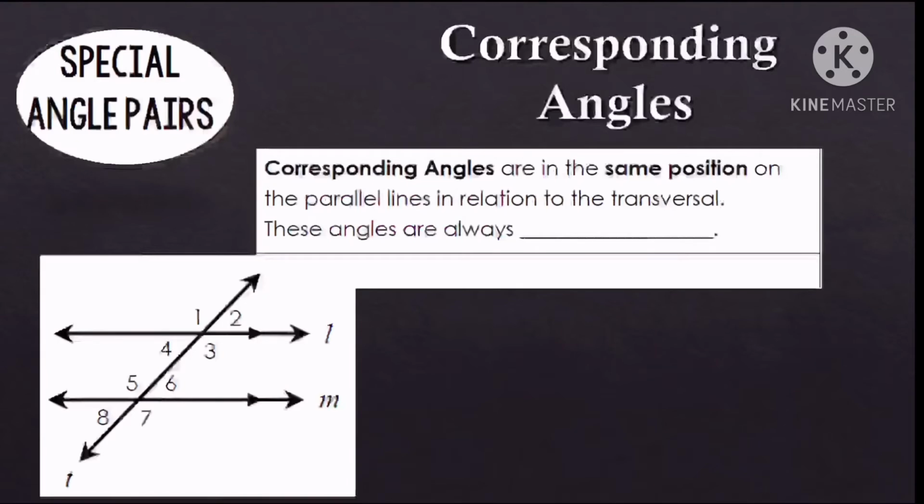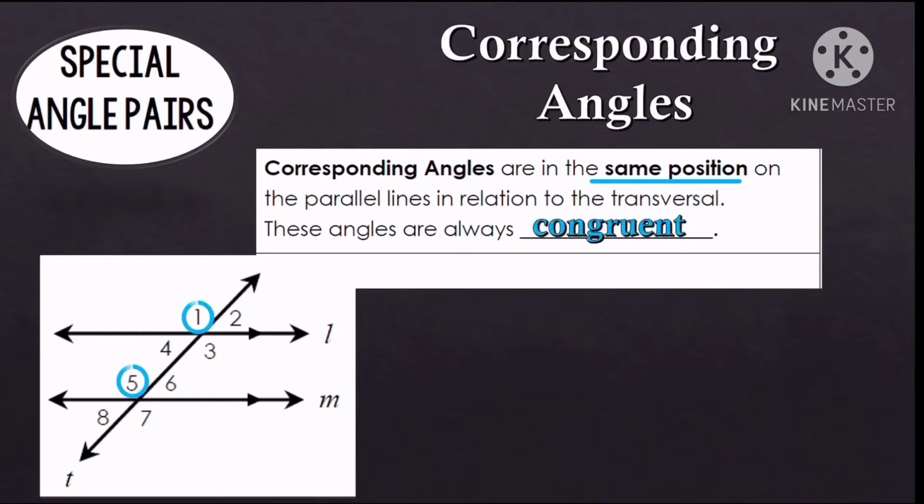The first relationship would be corresponding angles. Corresponding angles sit in the same position. Okay? And when I say the same position, I'm referring to the same position on that parallel line. These angles are always congruent. Okay? Corresponding angles is always a pair.